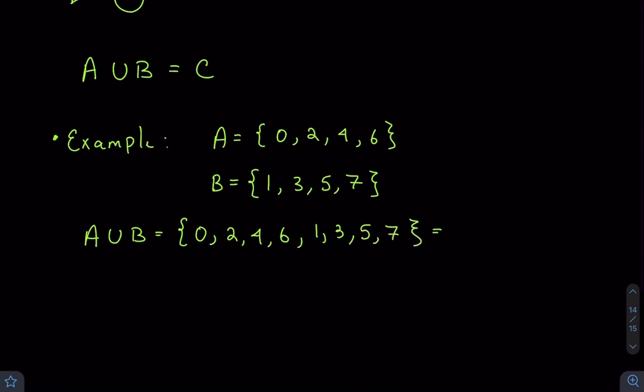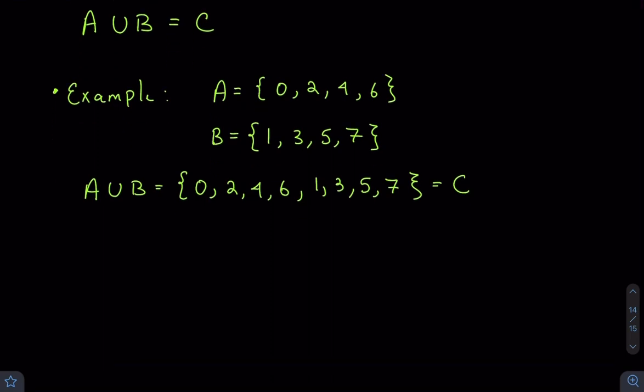And this is a new set, which is C. Obviously, we don't have to name it C. We can name it any other letter that we want, but just to go in order from A, B, and C.